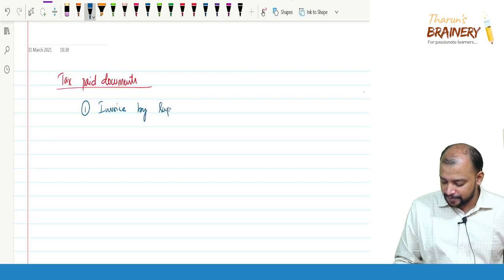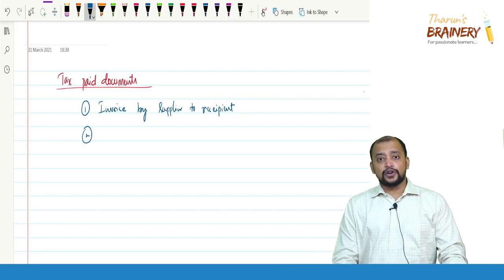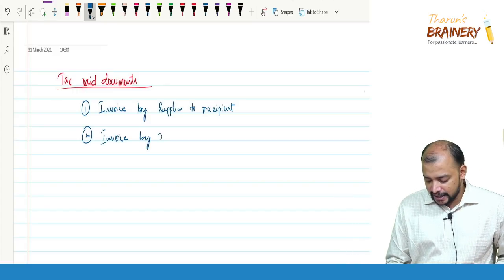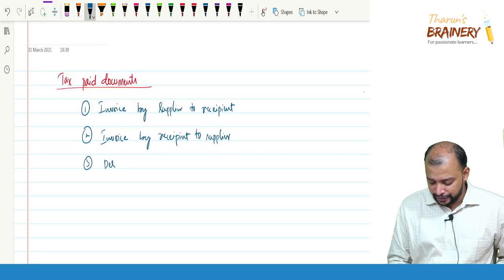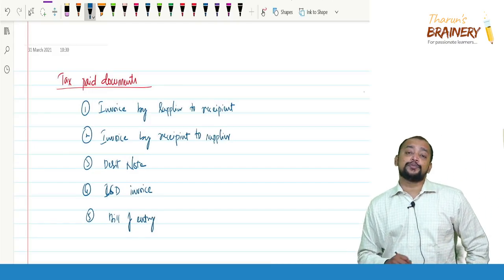Number 2, invoice by recipient to supplier. Number 3, debit note. Number 4, ISD invoice. And then bill of entry. So these are the tax paid documents which should be in possession.